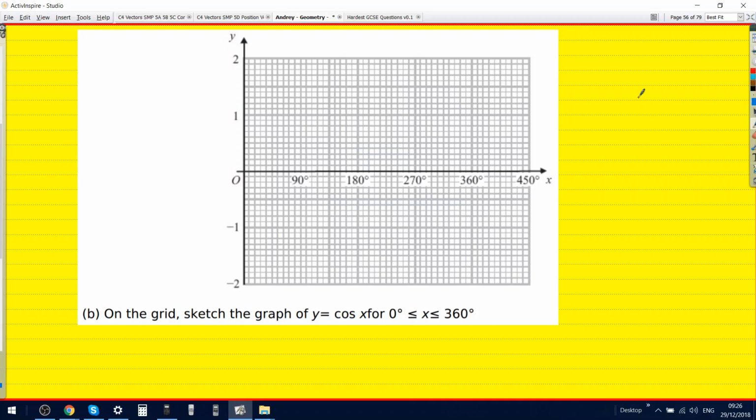So, is this like... Is it the bit where I start at 1 or something? Yes, you start at 1. 0, 1.